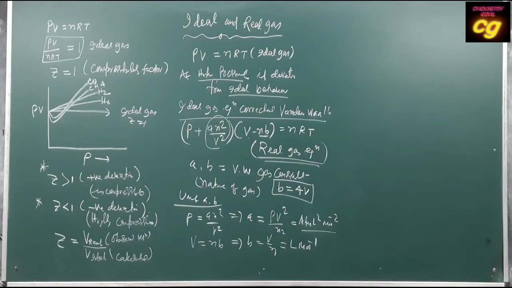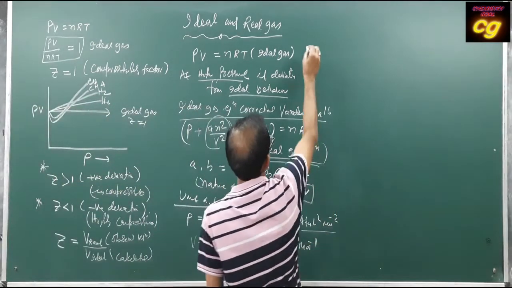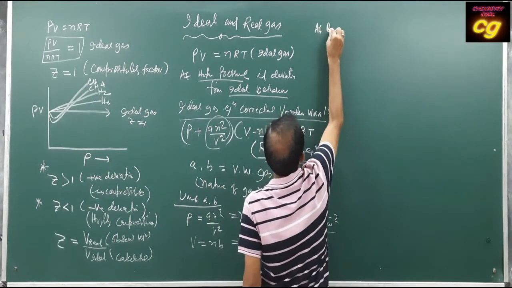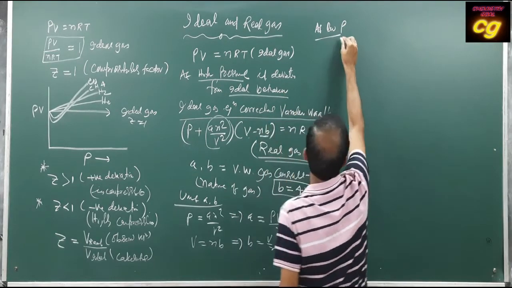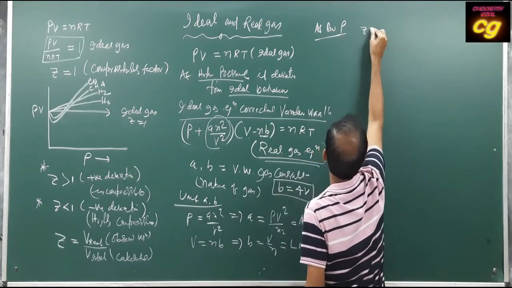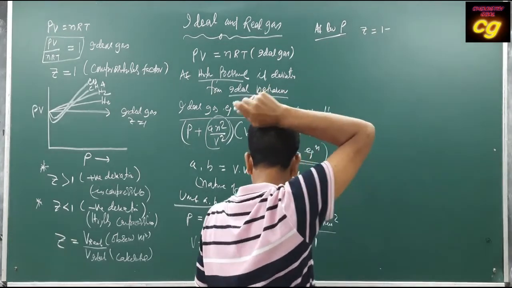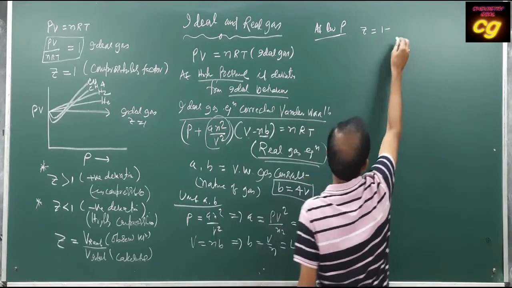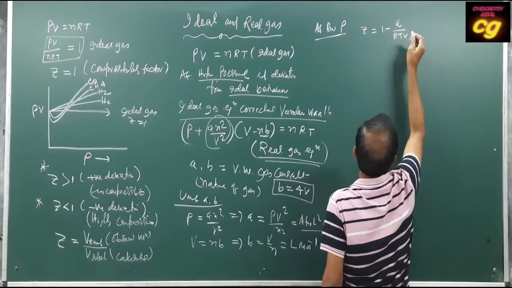Then a very important thing is how these two factors are related to this. If pressure is low, at a low pressure, this Z value will be 1 minus a by RTV.